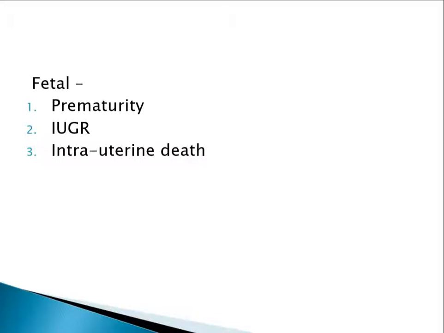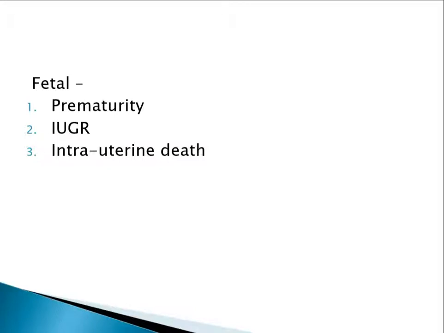So we terminate the pregnancy in whatever the period of gestation. If it is less than 37 weeks, then the baby is premature. So all the problems associated with prematurity, like hypothermia, hypoglycemia, hypocalcemia, etc., are present in the baby, and the baby has to be taken care of in a neonatal care unit.